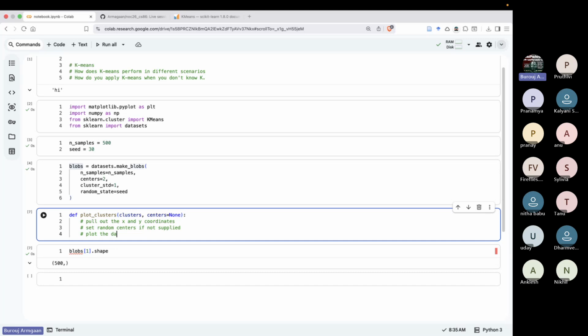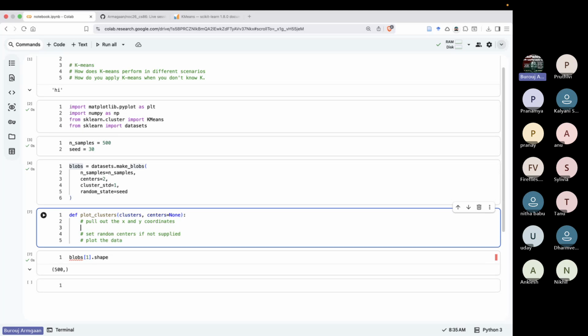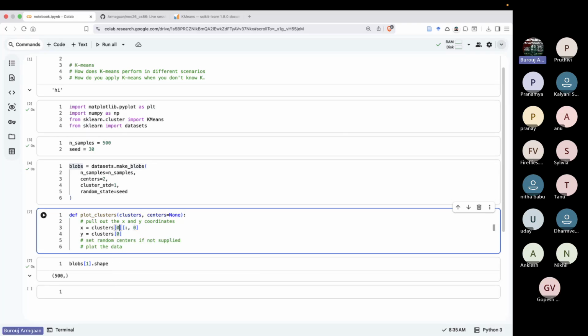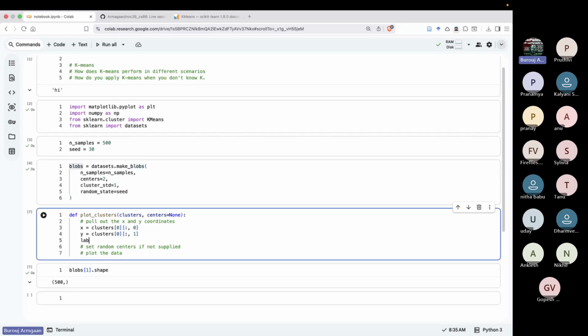And then we can just plot the data. So we know that our X value is essentially clusters, the first element, the first column, and our Y is the second column, and our labels are the second thing.